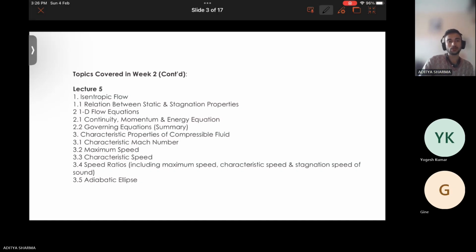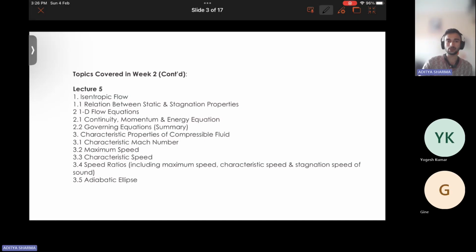Later, in lecture 5, we went through the 1D flow equations. In lecture 4, we did some basic juggling of properties related to 1D flow equations.